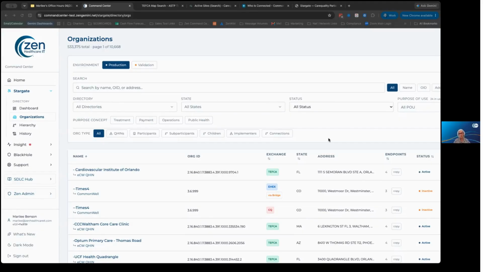So these are all questions that we're looking at and working on behind the scenes, because it's pretty easy for us to just say, if you're a non-network participant, you can at least see in one view the same information that you would see, for example, on TEFCA's website. We feel pretty comfortable that that's reasonable to include, but maybe we don't include the OID and some of the endpoint information. We just gray those out, because we definitely would not want to share that data for non-network participants. That makes sense. Thanks, Marilee.